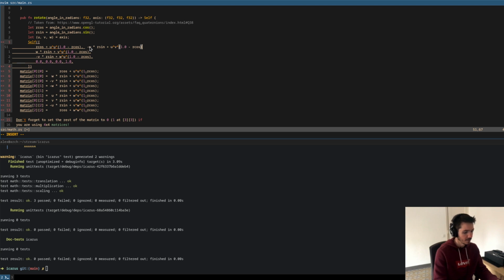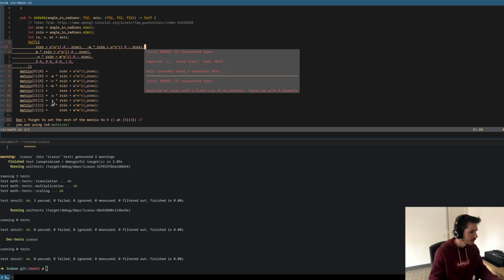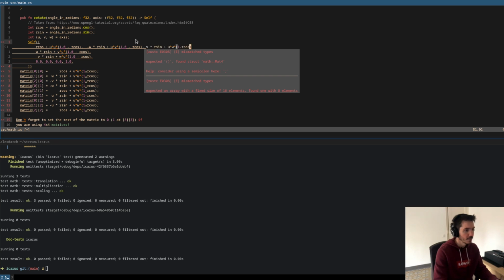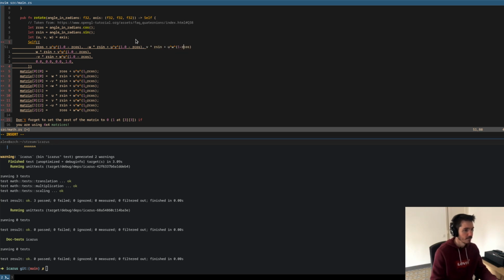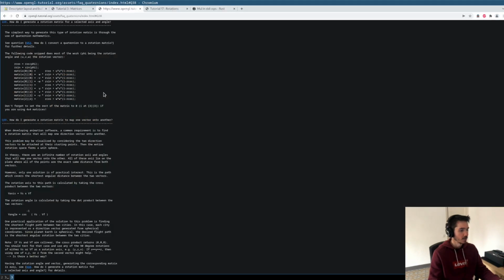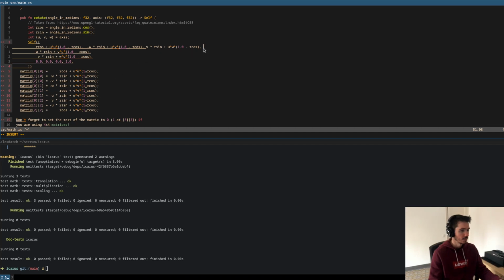The floating point, then 0, 1, 0, 2 is this thing, and we have 0, 3, we don't, so then this should be 0. Oops. This should be 0.